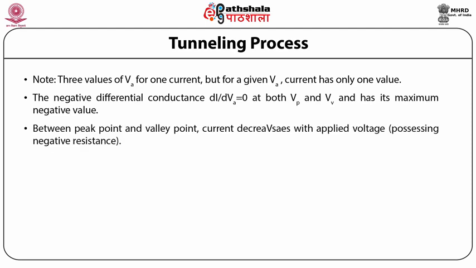So between the peak point and the valley point, the current decreases with the applied voltage, which is due to the negative resistance. Interestingly, instead of consuming power, negative resistance reduces power.